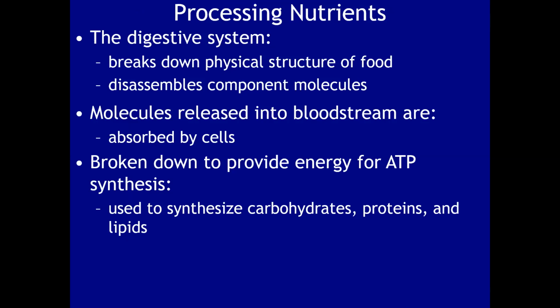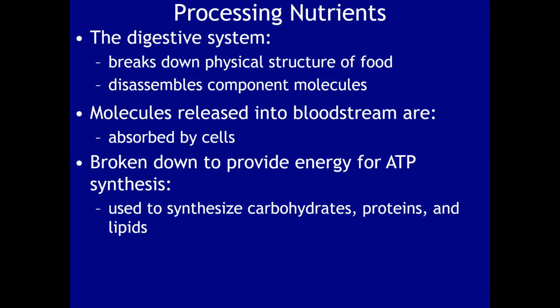So your digestive system breaks down the physical structure of food, either mechanically and chemically. It disassembles the component molecules and makes them into the smallest components that they can. Those molecules that actually go into the bloodstream are going to be absorbed by cells. And the whole purpose is to provide energy for ATP synthesis, right?